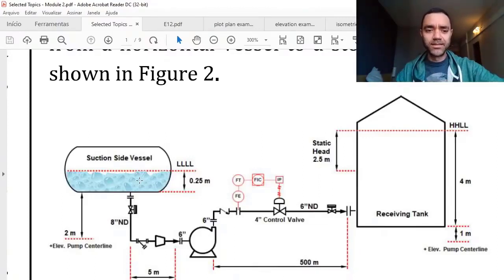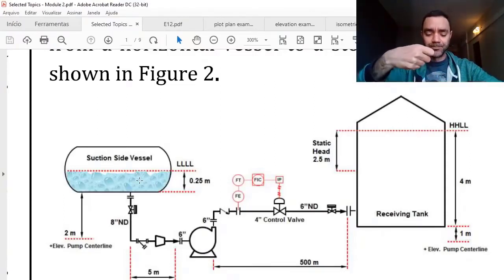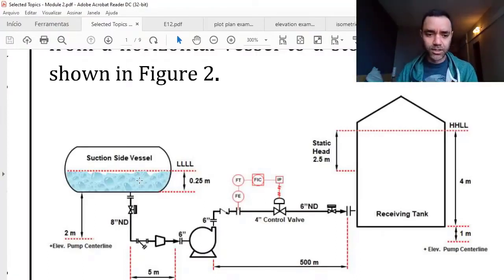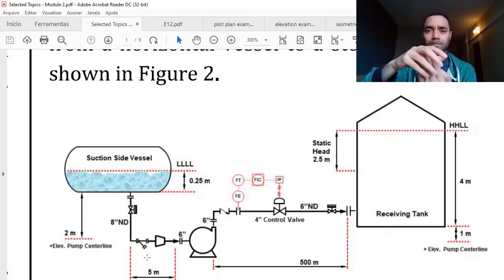So to prevent that, and to make the life of the operator easier, instead of having the acceleration of gravity working against you, we put it in the horizontal position, because this way the forces on the valve will be much lower, and opening the valve will be much easier than in the vertical line.